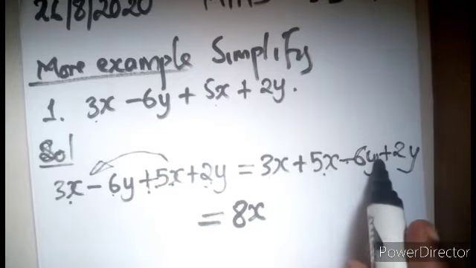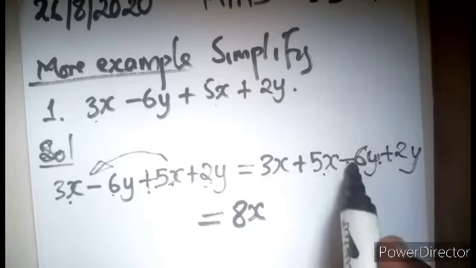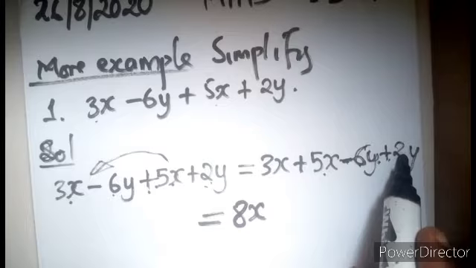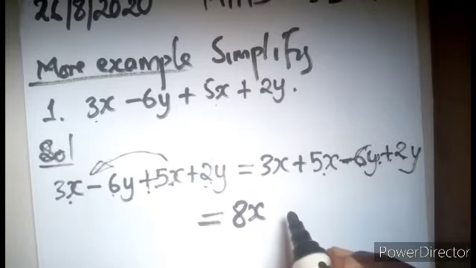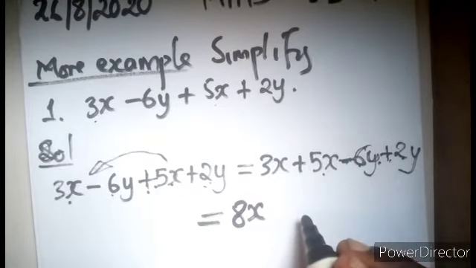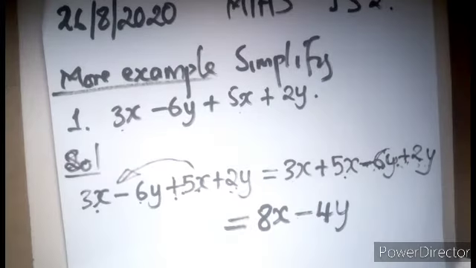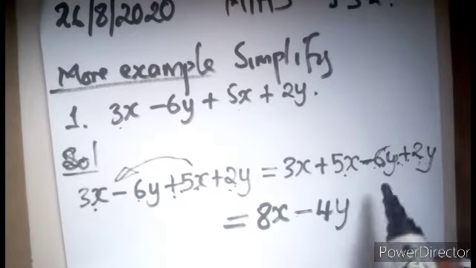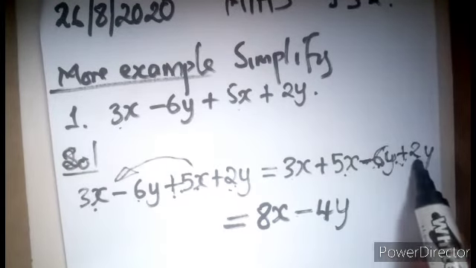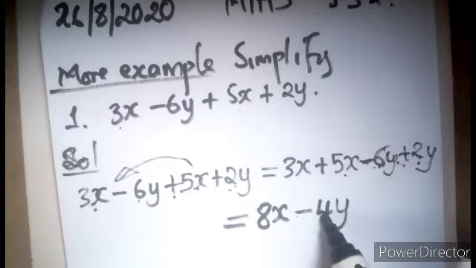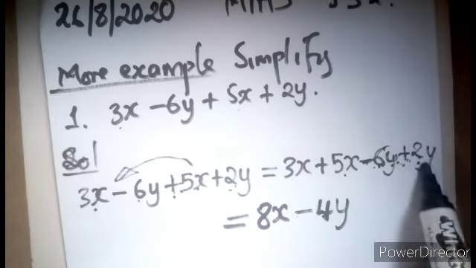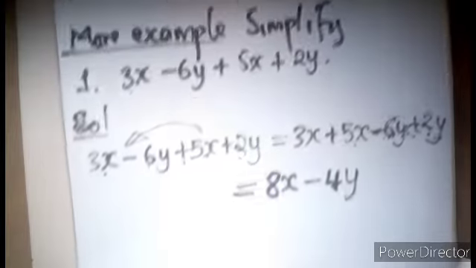Now minus 6y plus 2y, we should ask ourselves, what is minus 6 plus 2? We saw on the number line in our previous topic that minus 6 plus 2 is minus 4. Therefore, minus 6y plus 2y is minus 4y.